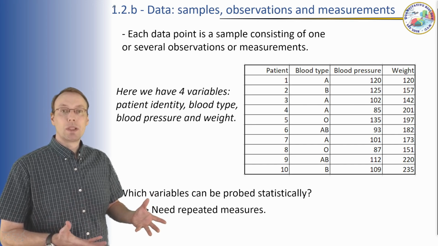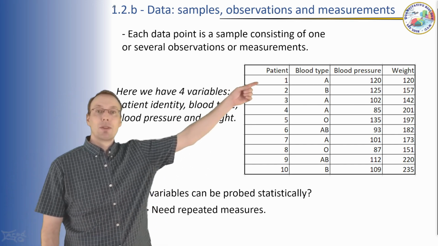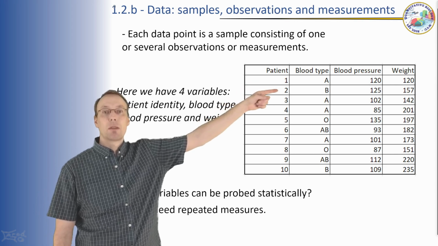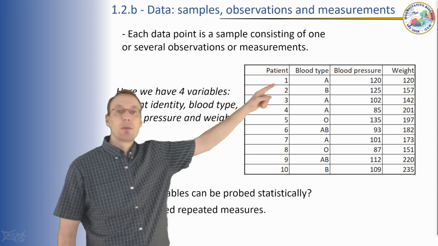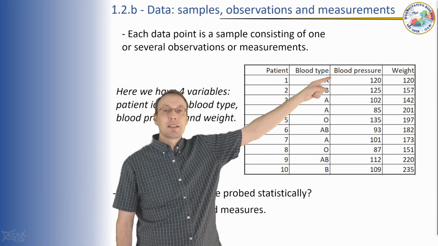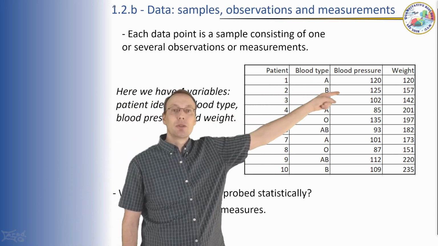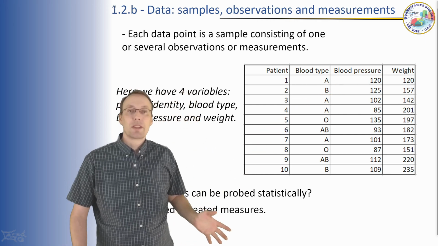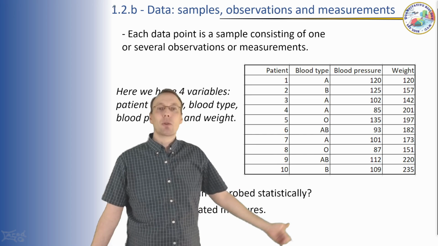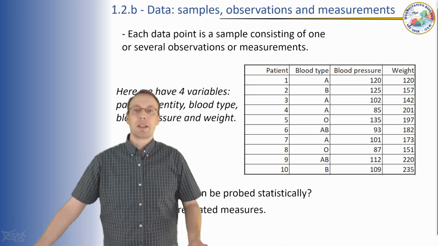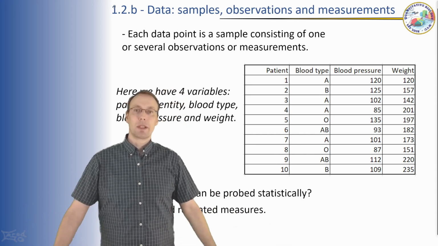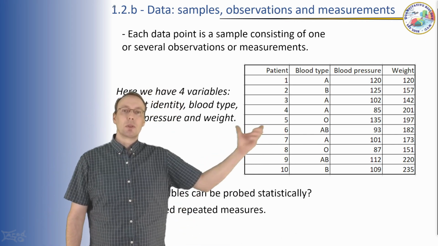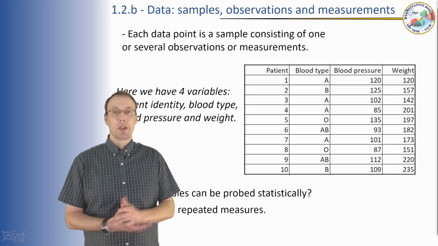And so you would need to have several measurements of patient 1 and several measurements of patient 2 to be able to compare statistically if patient 1 and patient 2 have a different blood pressure, right? Otherwise, you can only say, well, at this time, what I recorded was different. Maybe in 10 minutes, it's going to be the same, or it's going to be the opposite. And so to evaluate the role of a certain variable, you need to have repeated measures.